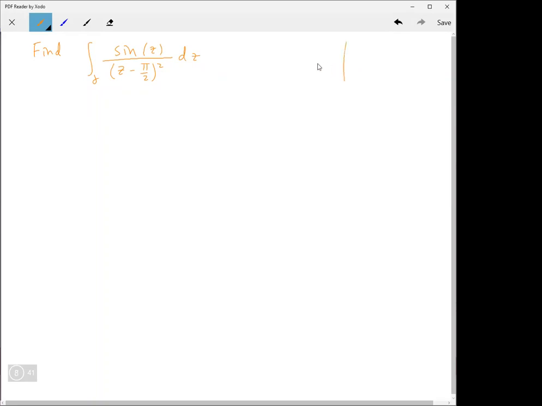And here's pi over 2. Well, we'll have this be just a curve like that. Or actually, we can make it equal to the circle whose center is 0 and whose radius is 3. Okay, there we go. So pi is just about 3.1 something, so 3.1 something over 2 is like 1.5.